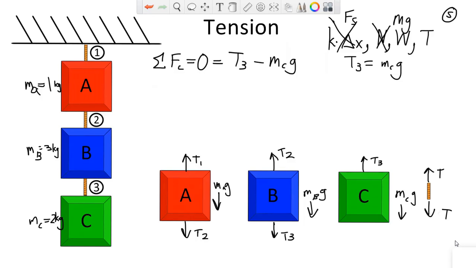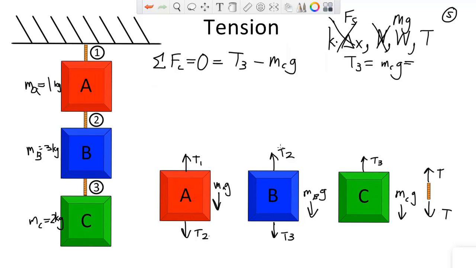As you can see now, I've actually given masses to each of these blocks. MA has 1 kilogram, MB has 3 kilograms, while MC has 2 kilograms. So now we can start plugging in actual numbers instead of just symbols, because you're going to have numbers for your exams and homework.